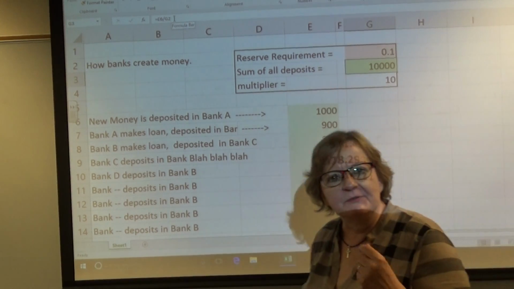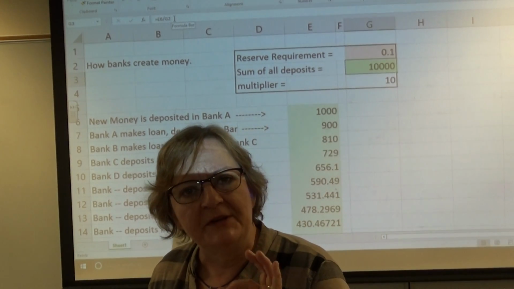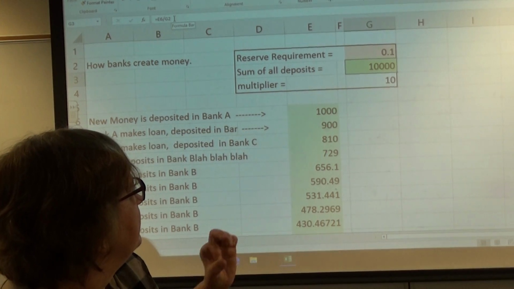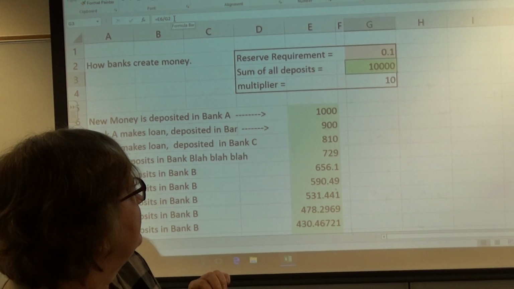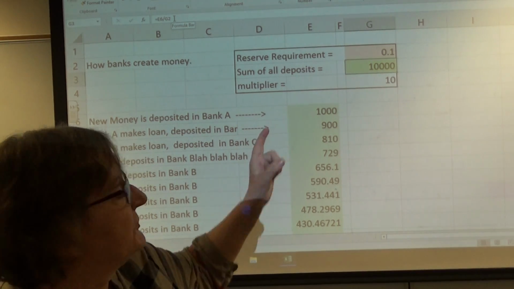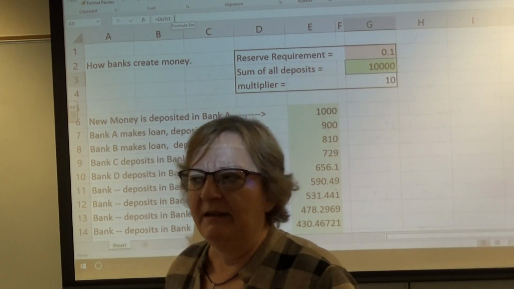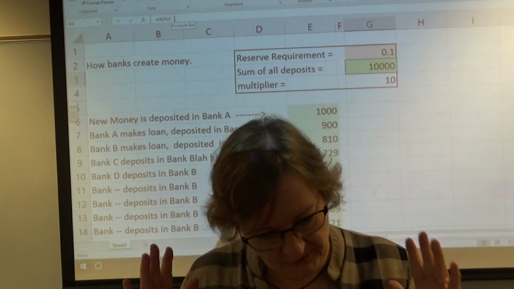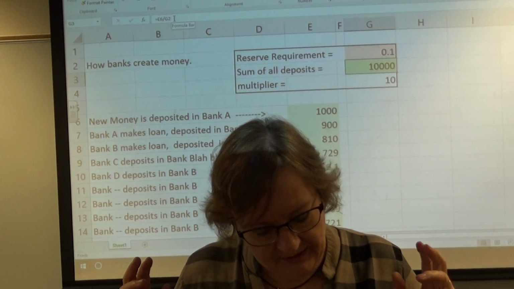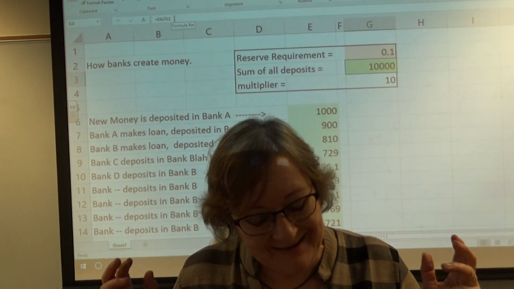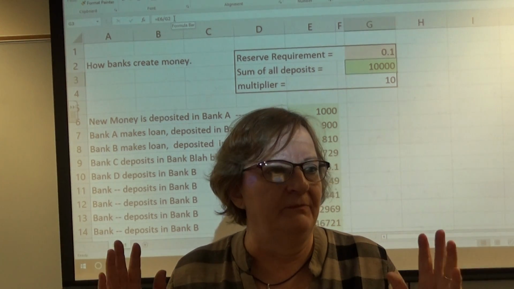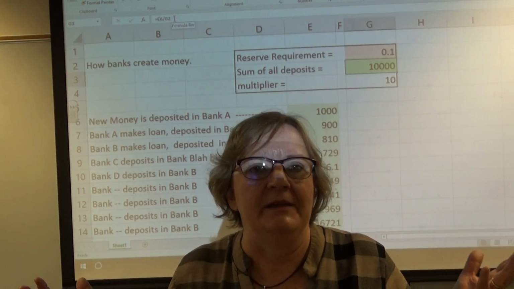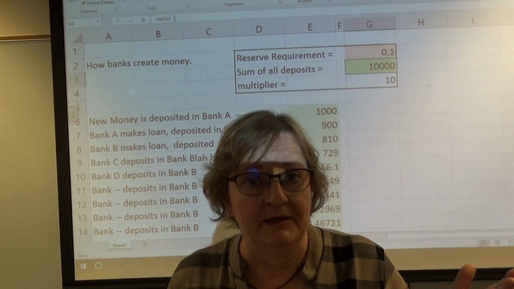But look what happens when the Federal Reserve changes that. Look what happens. Federal Reserve changes the reserve requirement. This is what they did during the Great Depression. The Federal Reserve was formed, the bill was 1913, and the Federal Reserve began to do their work in 1914.